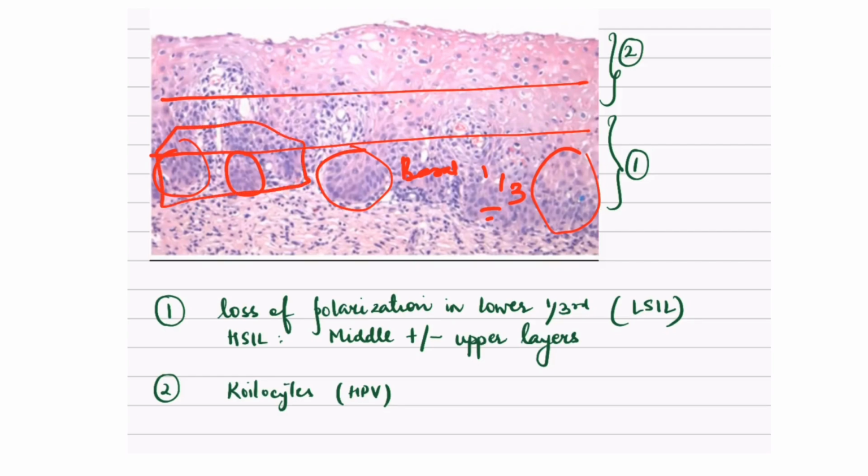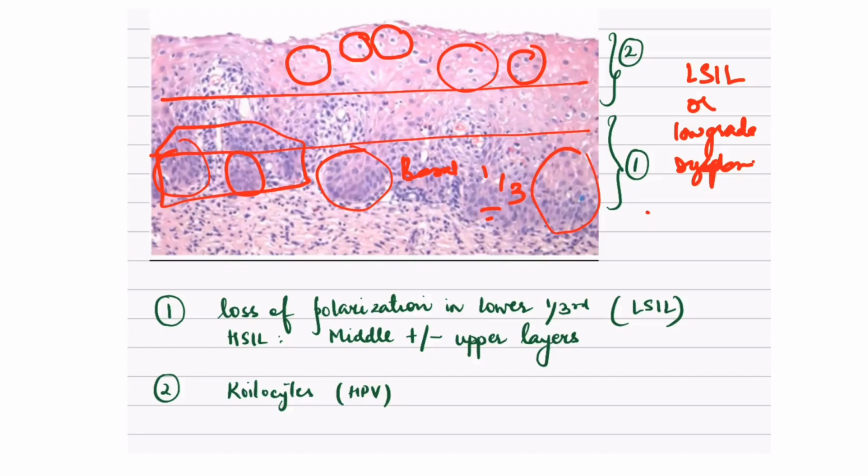So I will spare myself from using the term HSIL here, and I will say that I am dealing with LSIL or low grade dysplasia. For the upper one third I'll comment that I am looking at coilocytes here. So for that I will write query HPV and then HPV DNA PCR.